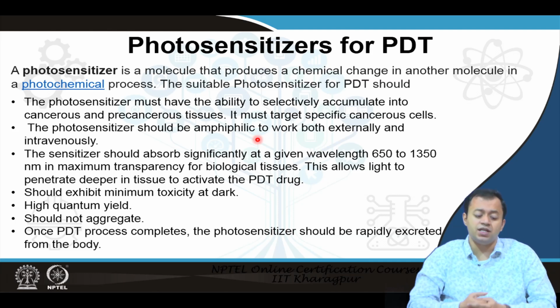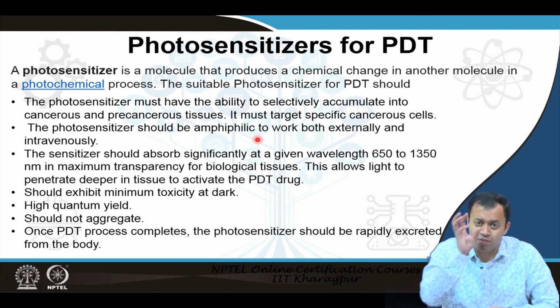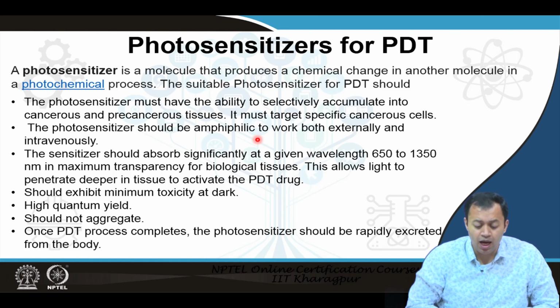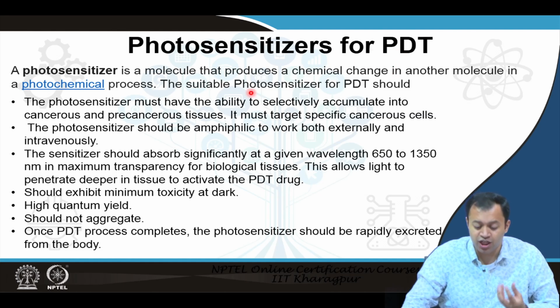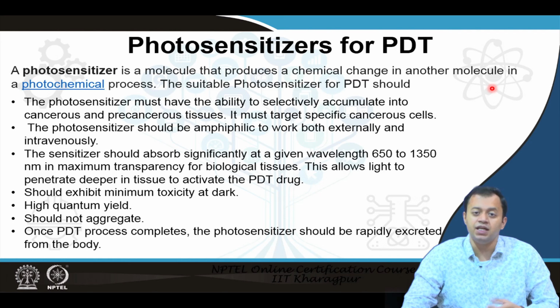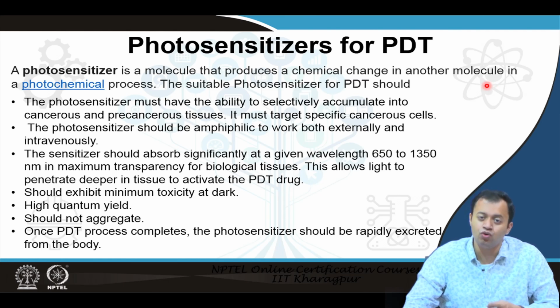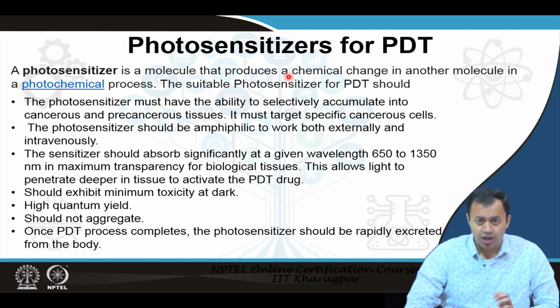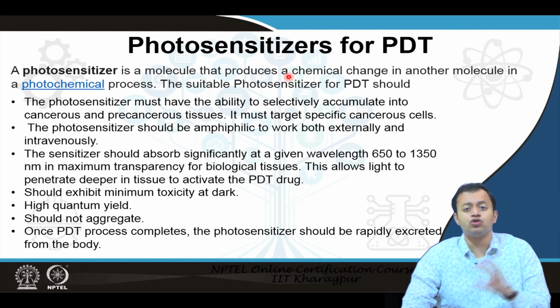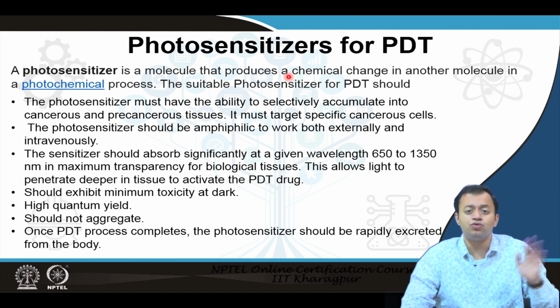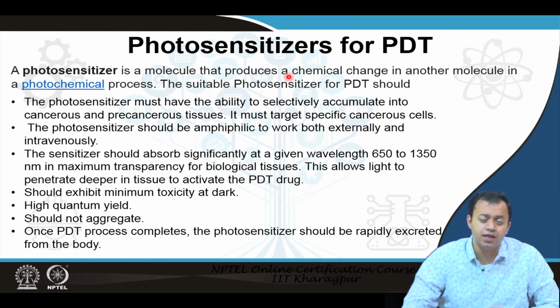The photosensitizer is the specific part of the PDT drug that induces a chemical change, i.e., it induces the entire molecule to go from excited singlet state to excited triplet state, and then this triplet state reacts with oxygen or water, producing radicals or reactive oxygen species.